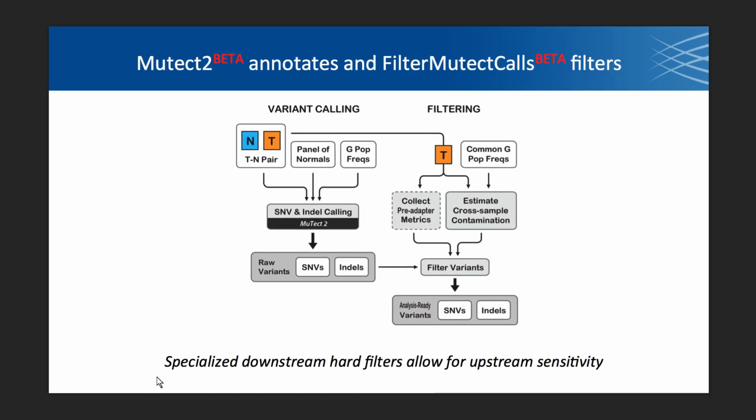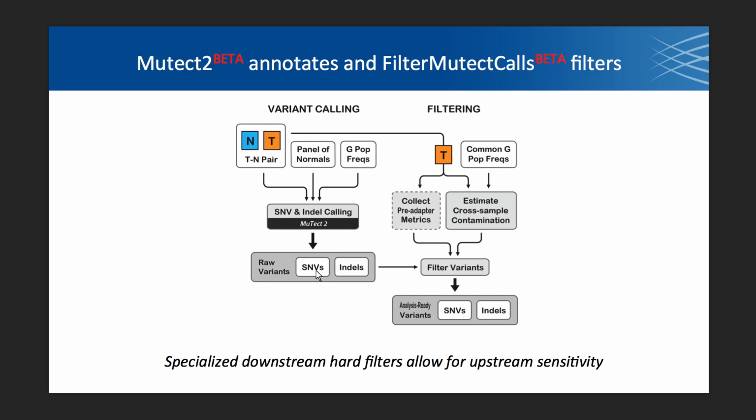MuTect2 is what calls and provides the annotations in this left-hand diagram. It takes a tumor-normal matched set and optionally takes a panel of normals, as well as optionally a germline population allele frequencies file, meaning it has allele-specific frequencies for germline population variants. And all of these go into MuTect2 to give us a raw SNV and indel VCF.